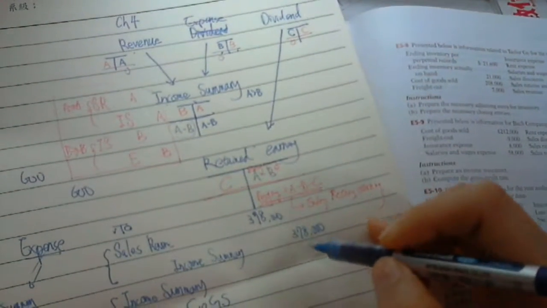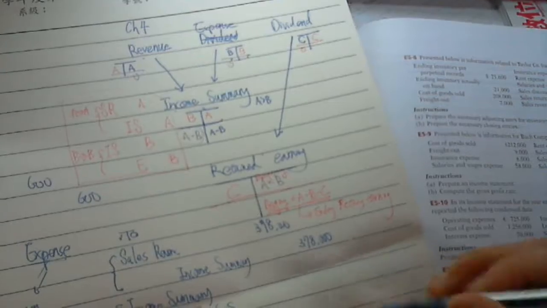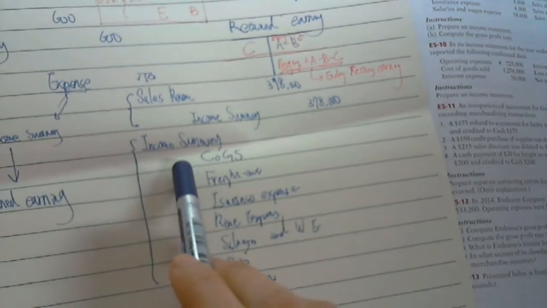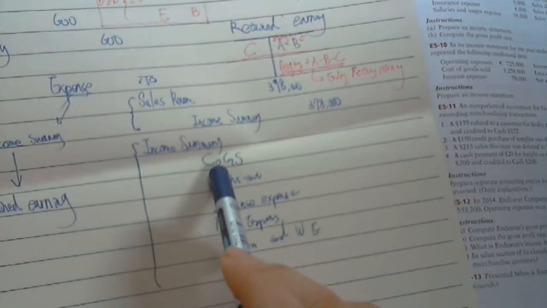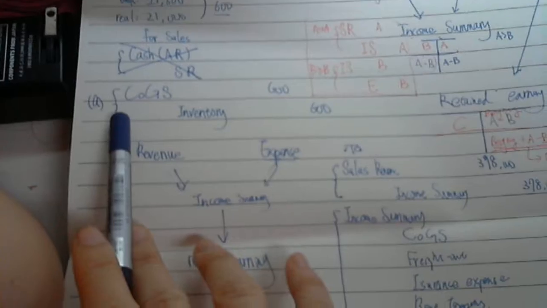Okay, so now we only need to write the number on it. Be careful because we already did the adjusting on cost of goods sold at question A. Do you remember?